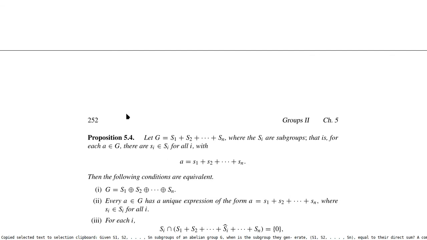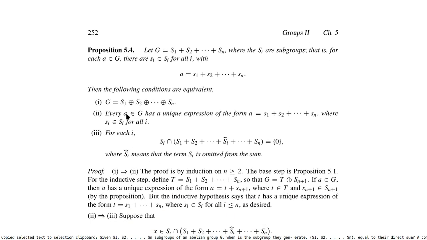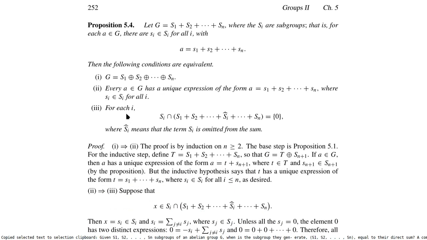Okay, so following ahead, we have a couple more important propositions. This is basically a generalization of what we've seen before, from 2 terms to n terms. So here you have G, and you have n subgroups, and you add them, right?